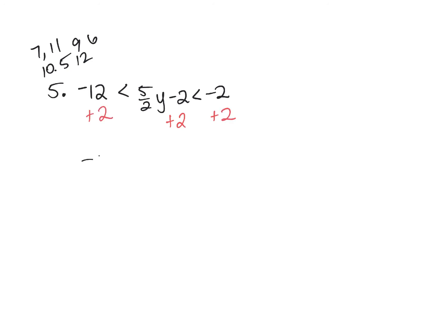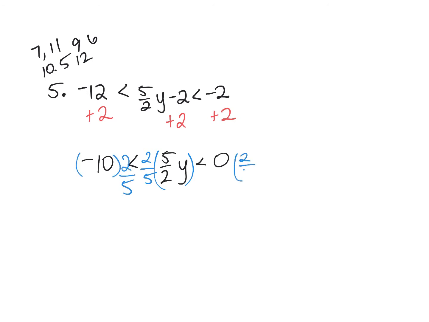So I get negative 10 is less than 5 halves y is less than 0. And again, there's that fractional coefficient. We multiply by the reciprocal, 2 over 5. So we're going to multiply by 2 over 5, multiply by 2 over 5, and multiply by 2 over 5.